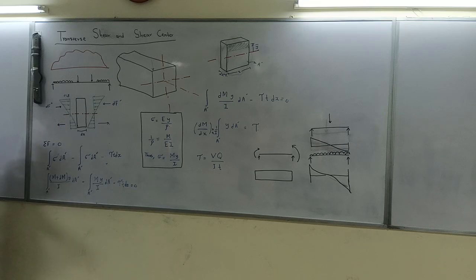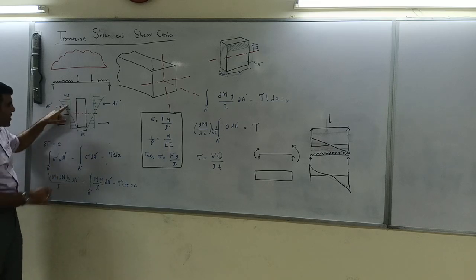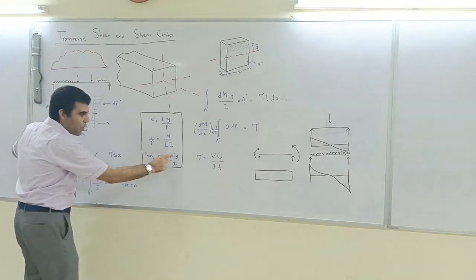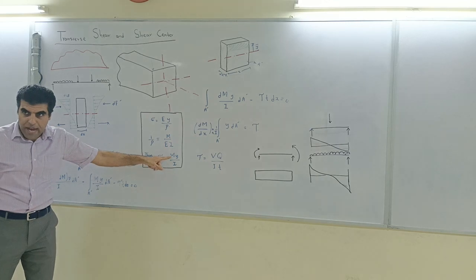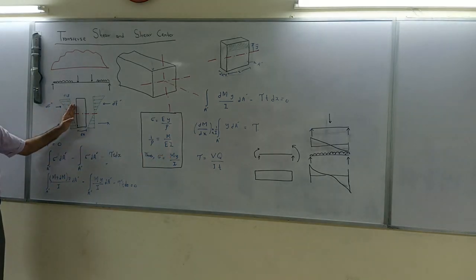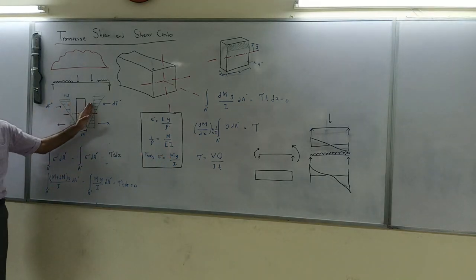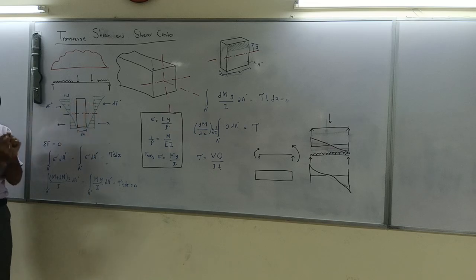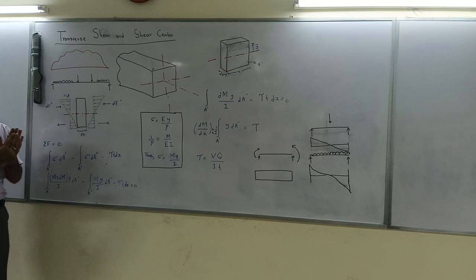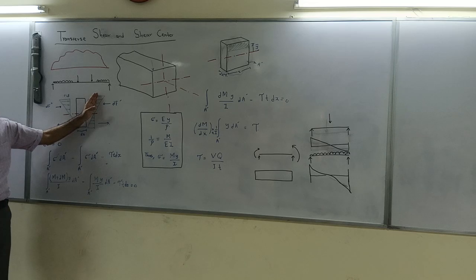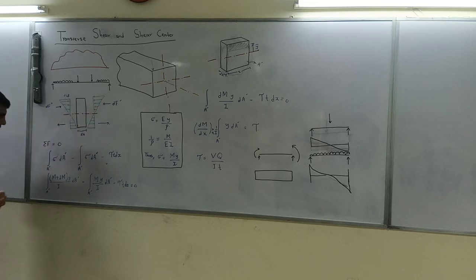Why? Because this stress is M y over I, which depends on the moment, and the moment at this point is different from the moment at this point. There is a slight variation, so obviously they are different.